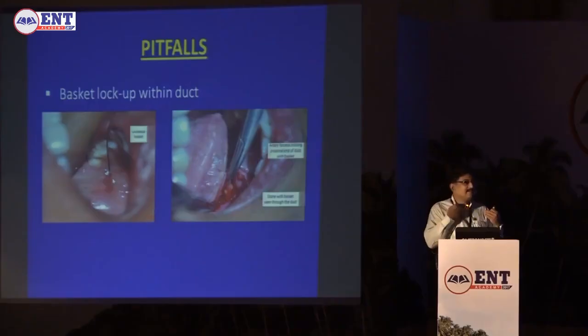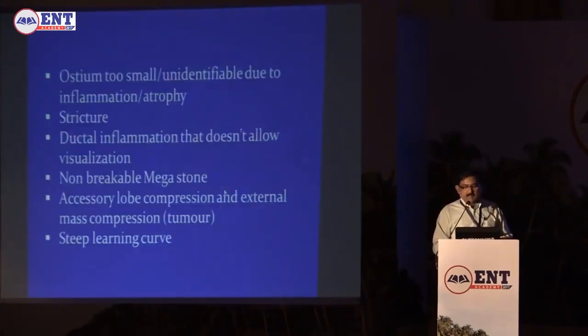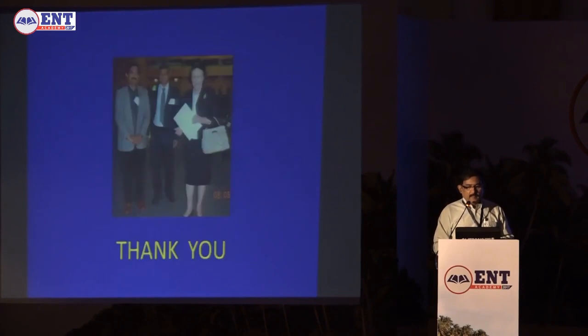It will be like, in certain road traffic accidents, you have a tracheal dislocation injury, like that you will get in the salivary duct. So when you have a lock-up basket like this, you go behind it, cut it, release the basket through it, open the basket, take out the stone and withdraw. So sometimes these kind of minor complications happen, but it can be overcome.